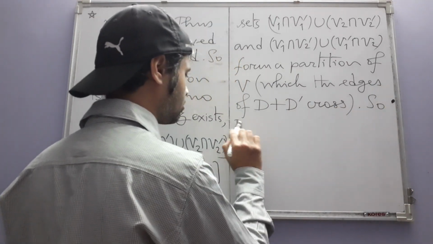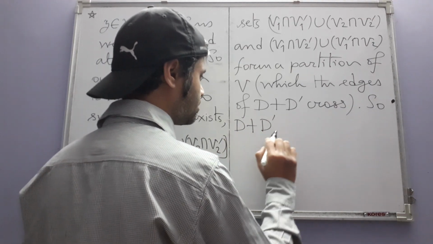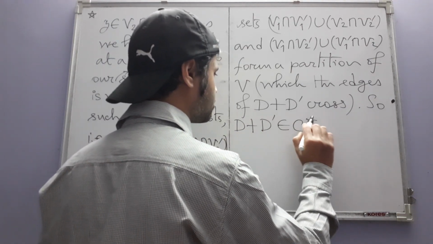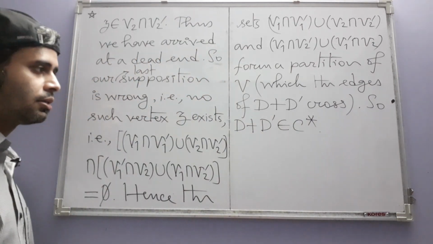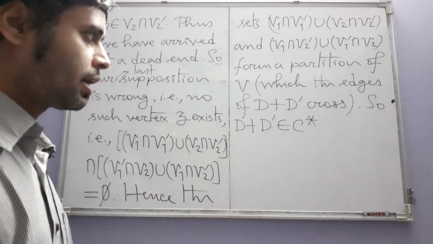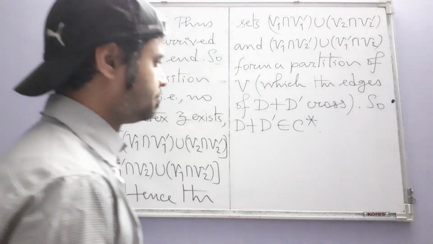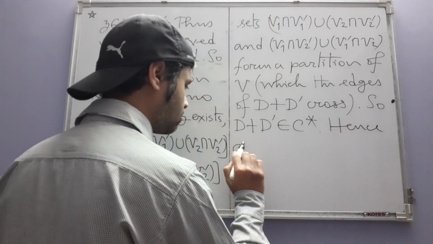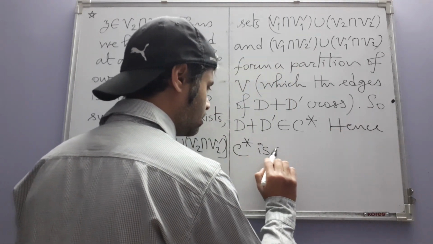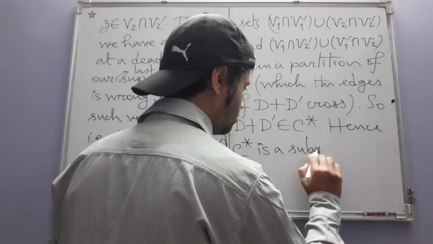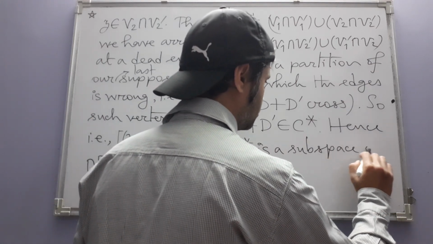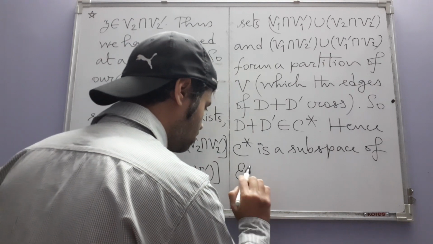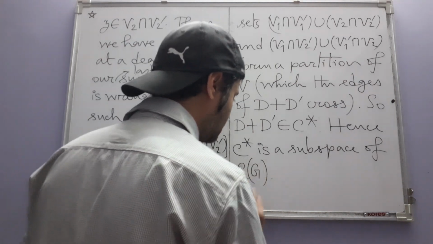So D plus D prime, finally we can now say that it belongs to our set of cuts along with the empty set. Hence, this is a subspace of the edge space of our graph.